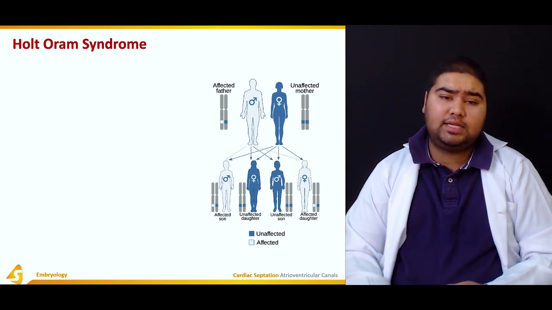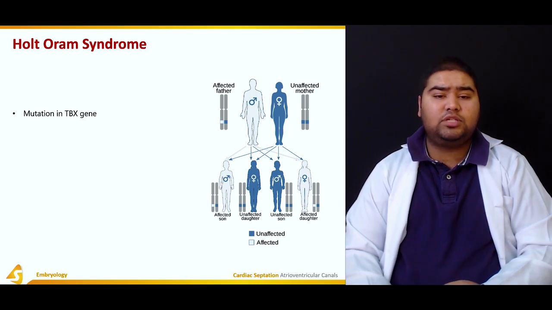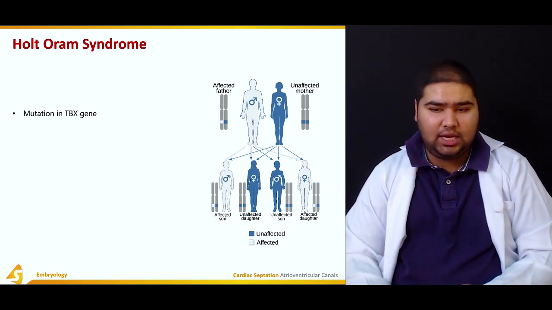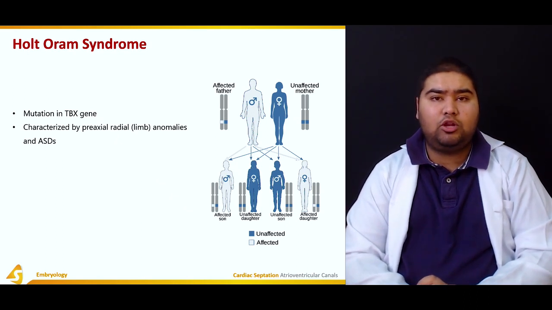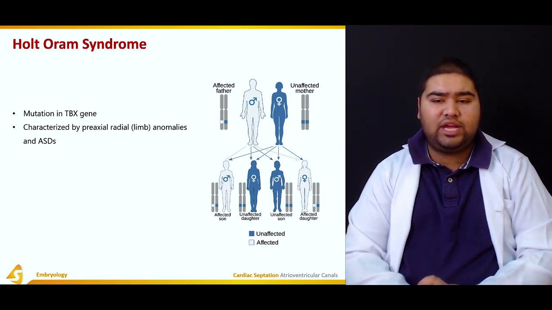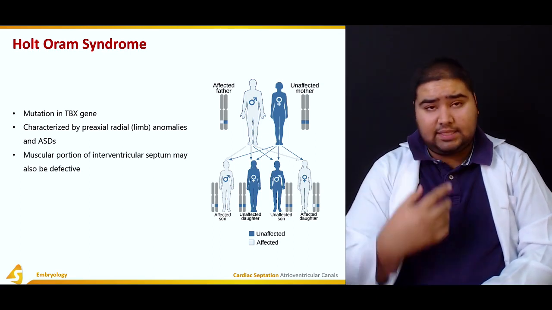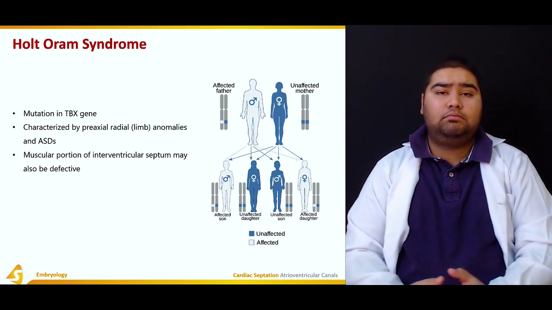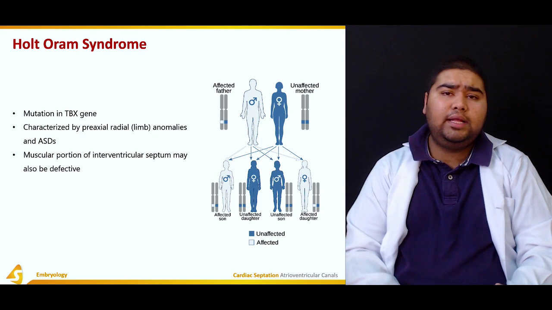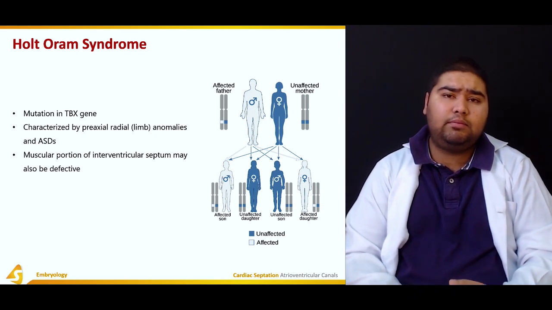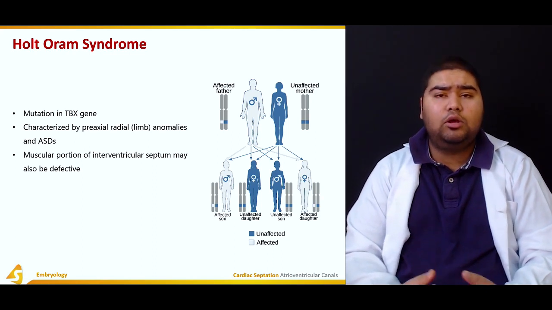First of all, let's take a look at Holt-Oram syndrome. So what is this? This is a mutation in the TBX gene. It is characterized by preaxial radial limb anomalies and also atrial septal defects. So atrial septal defects can be defects in the foramen ovale, or ostium secundum, ostium primum, improper formation of the septum between the two atria whatsoever.